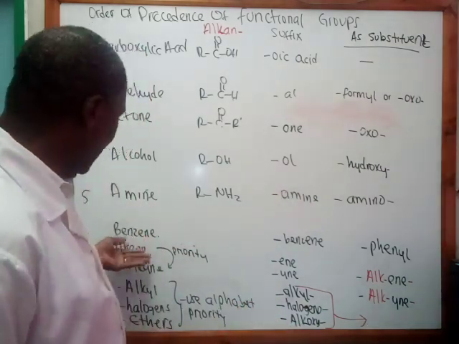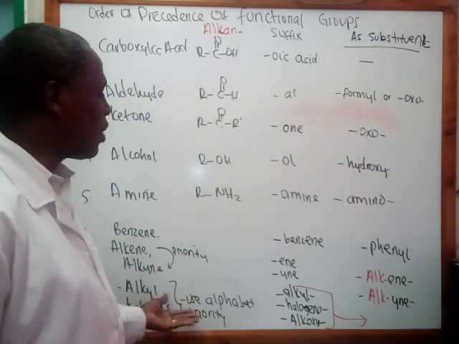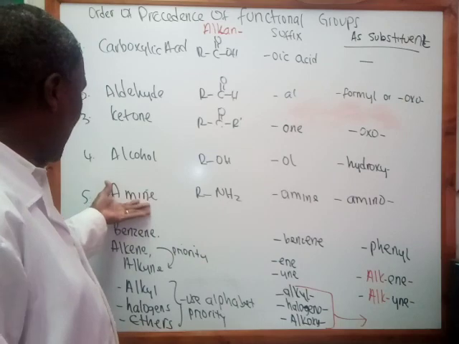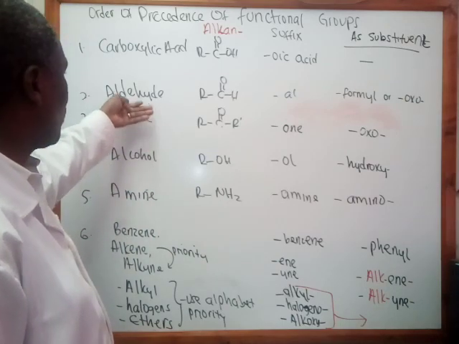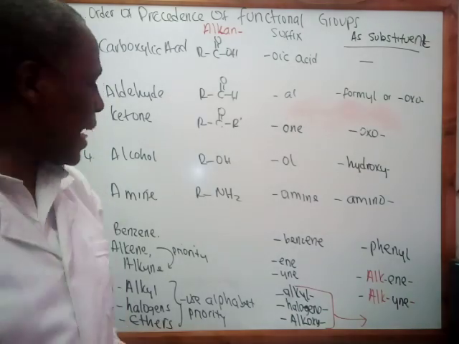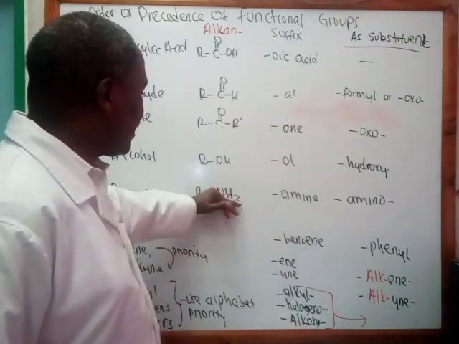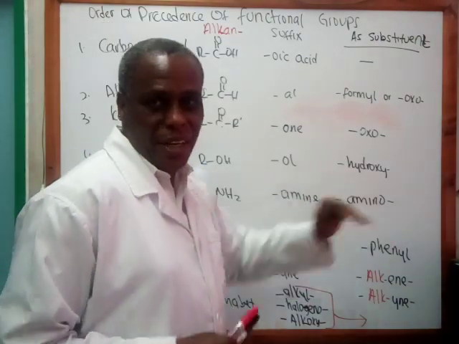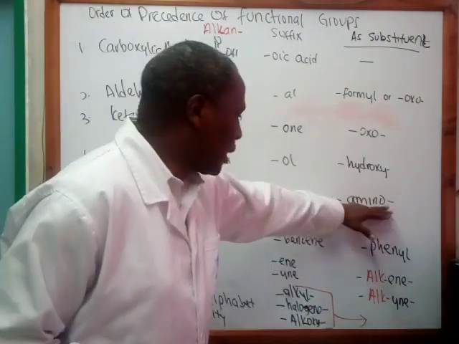Something like a benzene, an alkene, or an alkyne will be lower in ranking than an amine, an alcohol, a ketone, an aldehyde, or a carboxylic acid. When an amine group, NH2, is a substituent, then the name changes to an amino substituent.